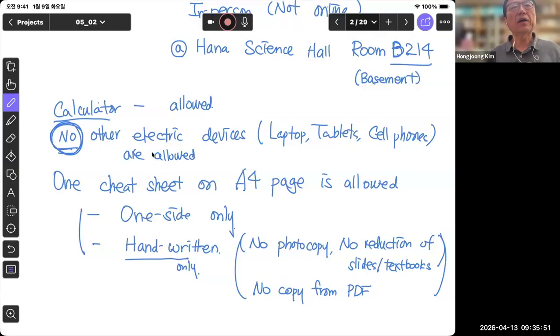Once I finish this, I will go over some sample problems so that all the information can be shared fairly. So let me show some examples, probably next Monday before the exam. So on the 20th, I will show some sample problems.